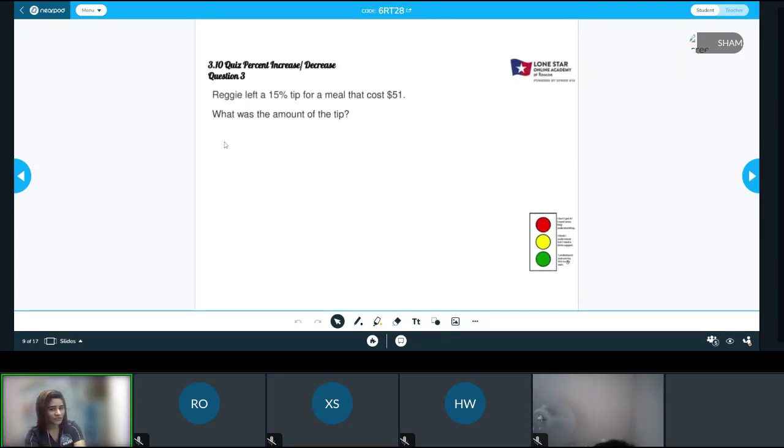So here, this is question 3 and the first question. I am very hopeful that if you have fully understood what we did so far, you can do question 3 really easily. Reggie left 15% tip for a meal that cost $51. You just want to find the tip. What is the amount of tip? Tip is 15%. Students, how much is 15% as a decimal?